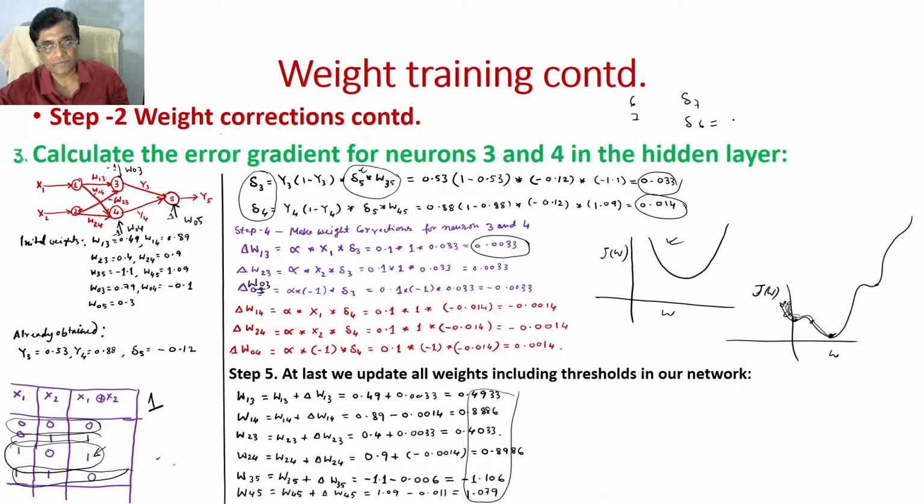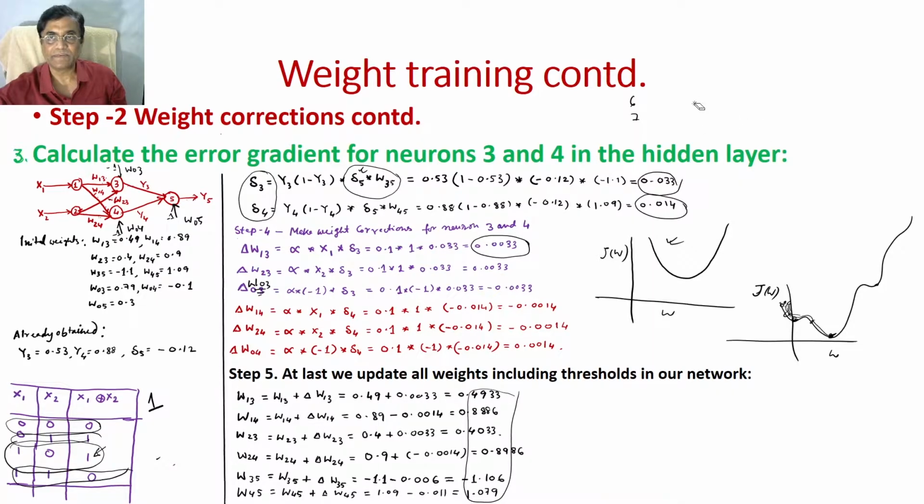So again you differentiate the sigmoid and then multiply it with delta 3 and delta 5, and then this sigmoid function's derivative. So things will be 0.033, next time it will be 0.00 something, right?